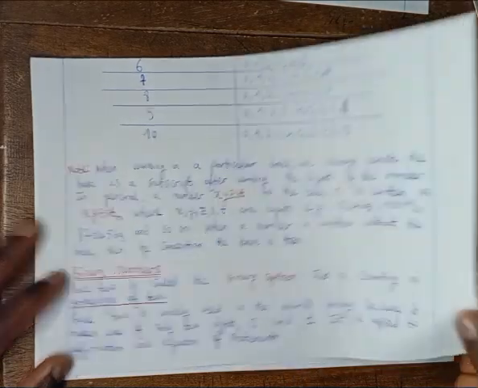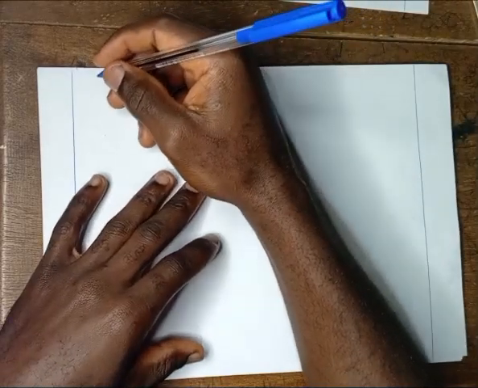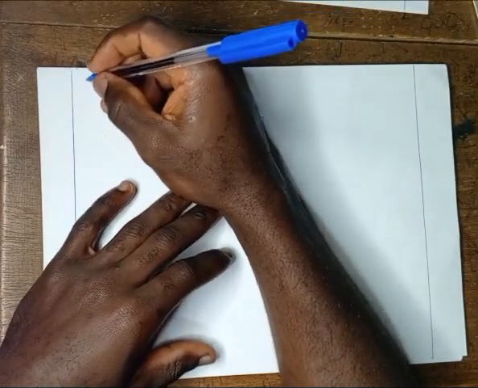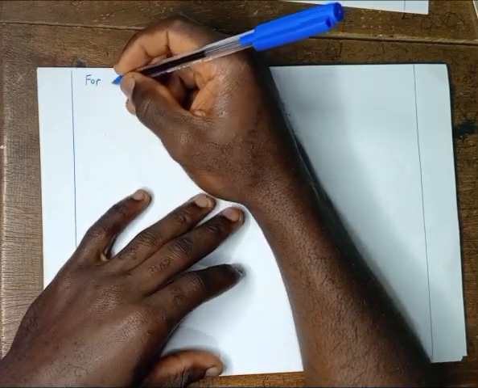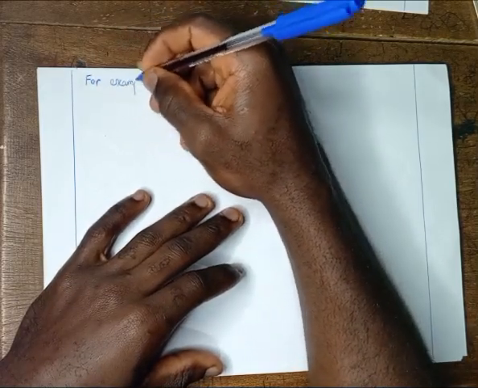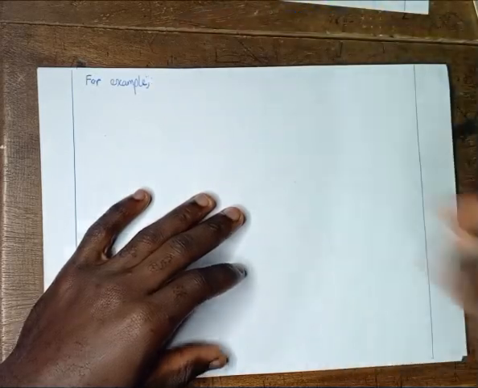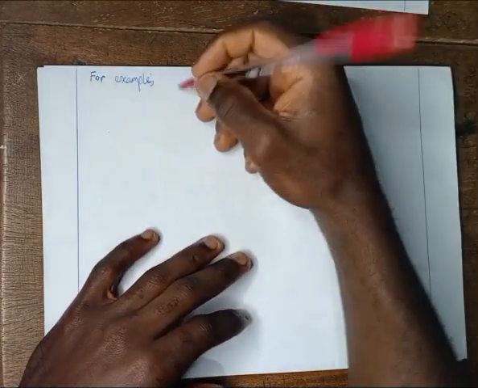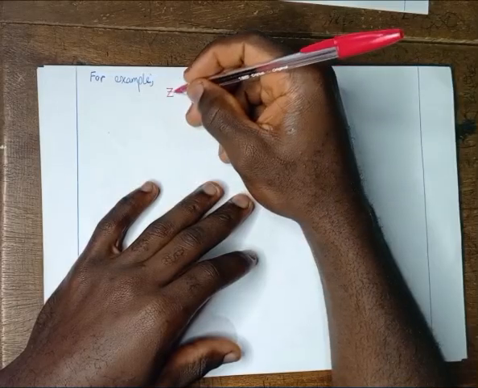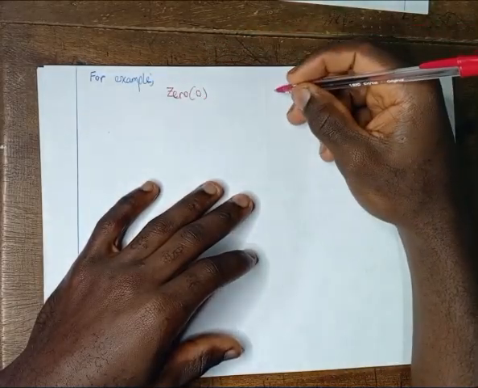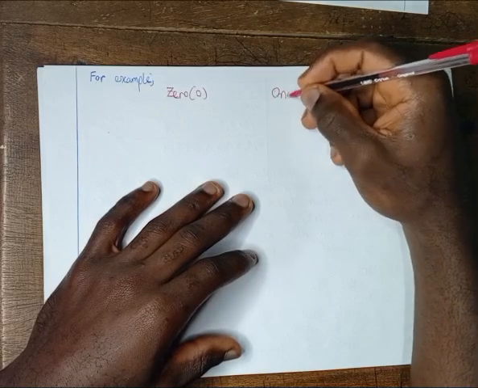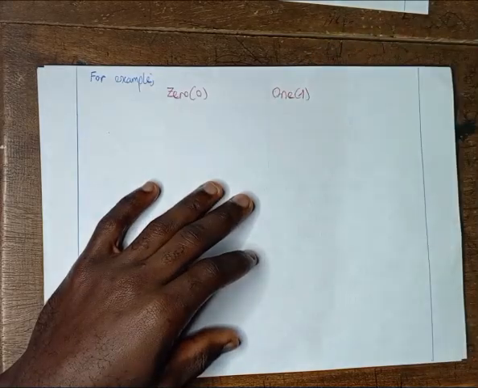For example, I'll draw a table which carries some affirmations and negations of some statements. Draw a table as such. For the first column, I have 0. In the next one, I have 1, the digit 1.